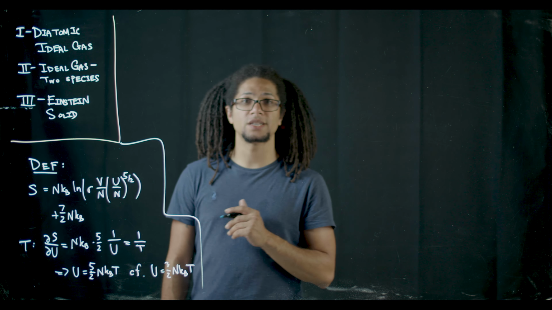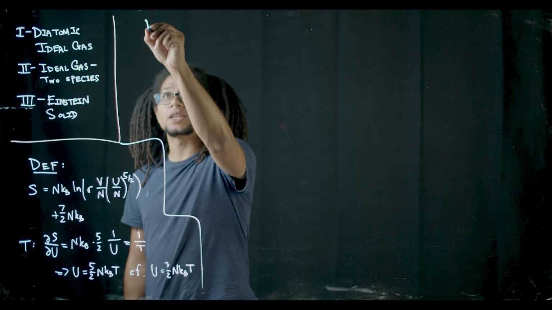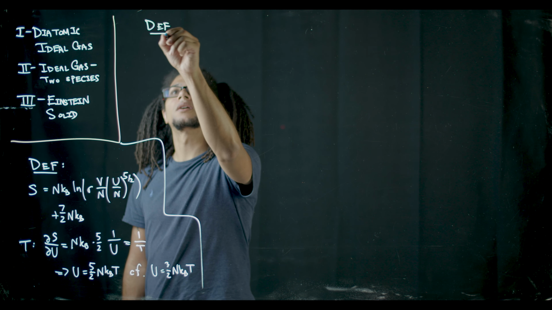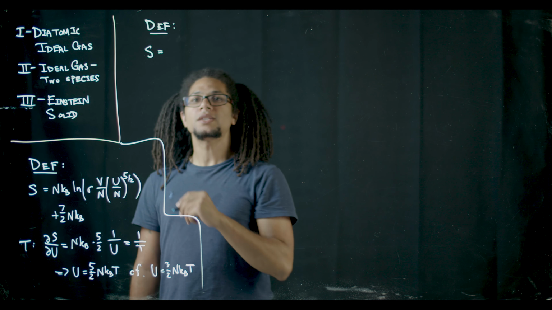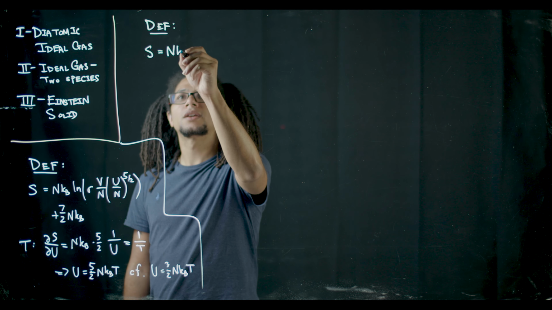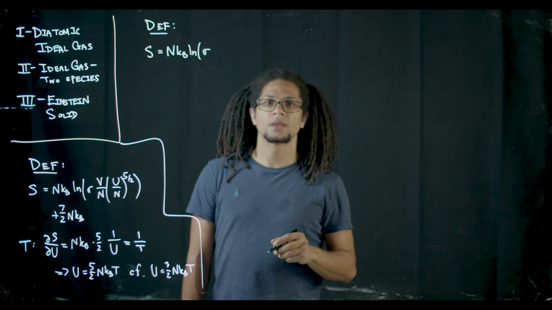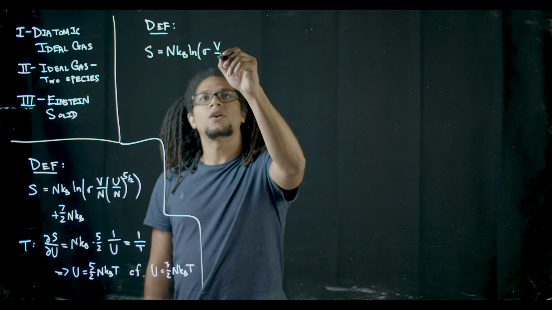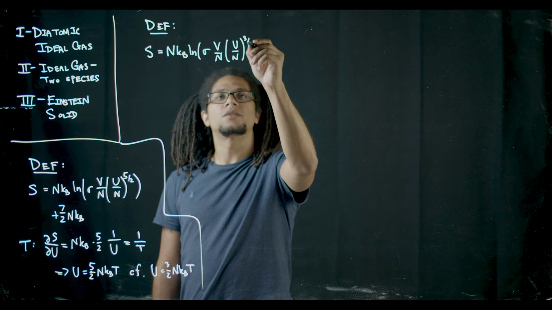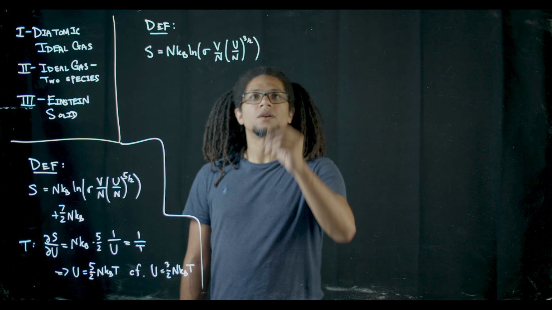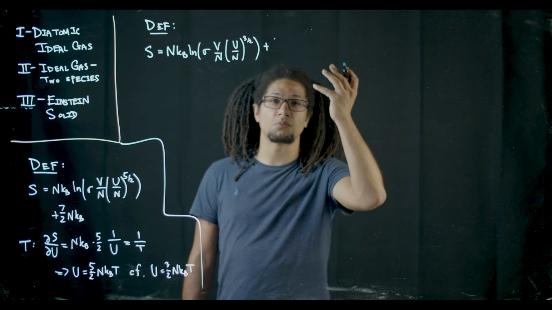All right, let's focus on the ideal gas with two species, which really does present some qualitative difference from the monatomic ideal gas. Again, I'll say definition, but I'll just give you the equation of state. In this case, we'll get NKB log of sigma, V over N, U over N to the 3/2, plus, and again, let's say that this is two species, both of which are monatomic.